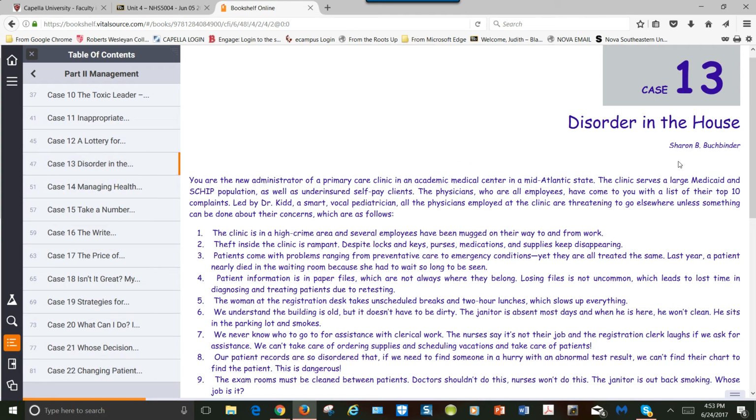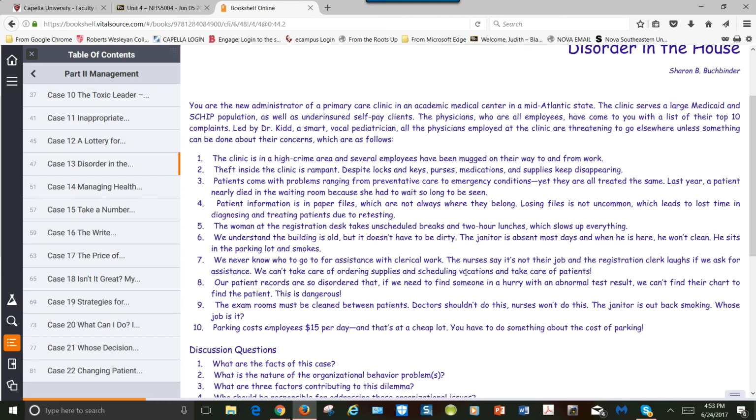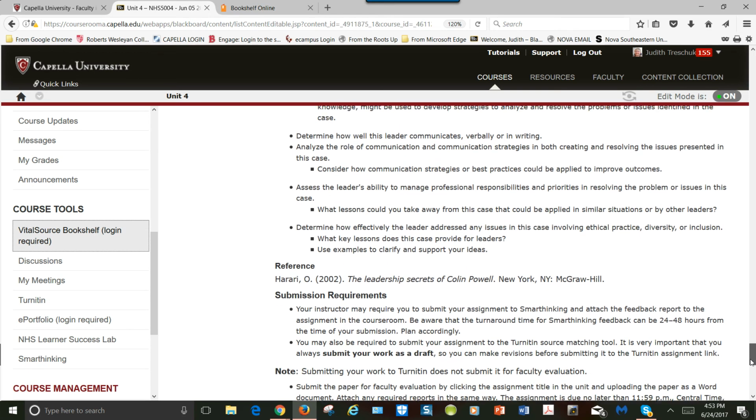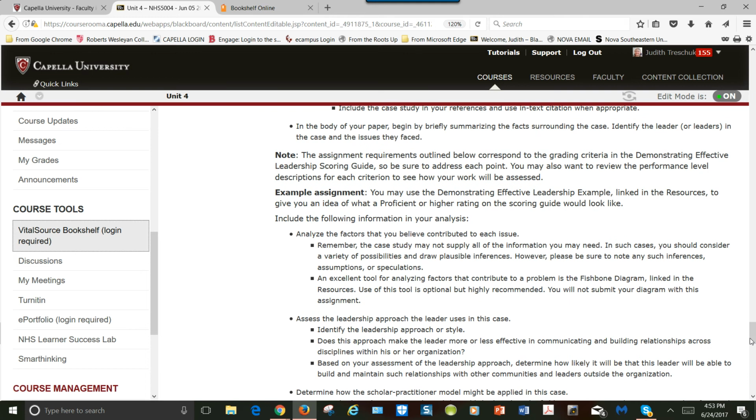So let's say here's a disorder in the house. It's about an administrator of a primary care clinic. Now, there's significant content here of points, but the content around describing the situation is about 3 sentences. You could do this, but you'd have to really think this through and go back to your assignment and notice that the instructions tell you that if you don't have enough information, here it is right here.